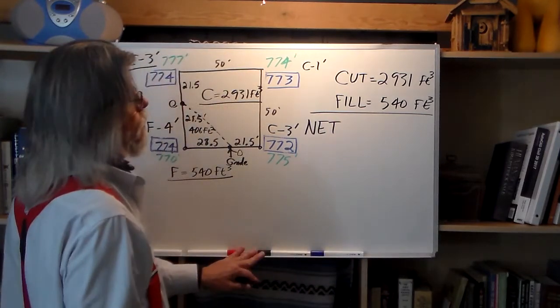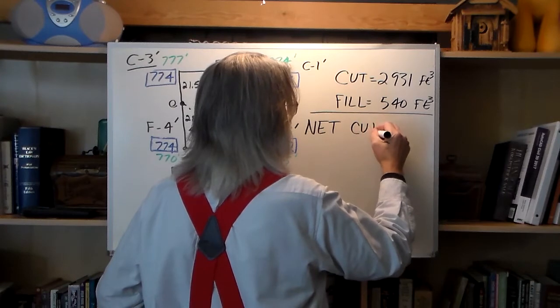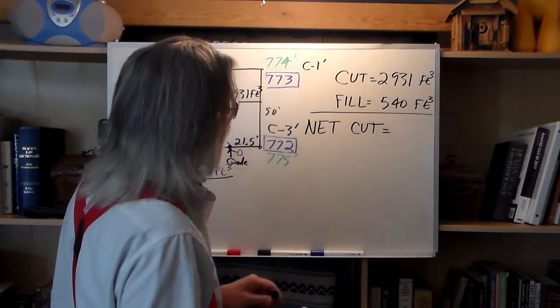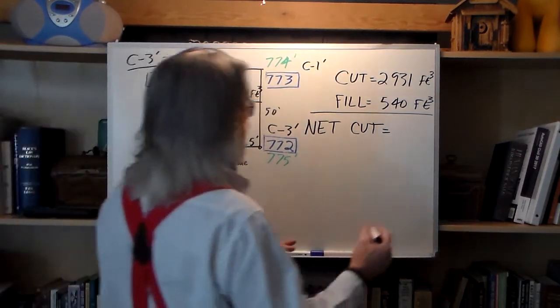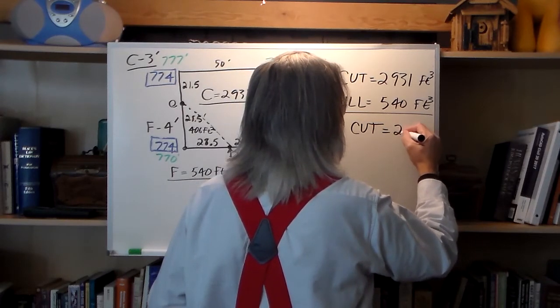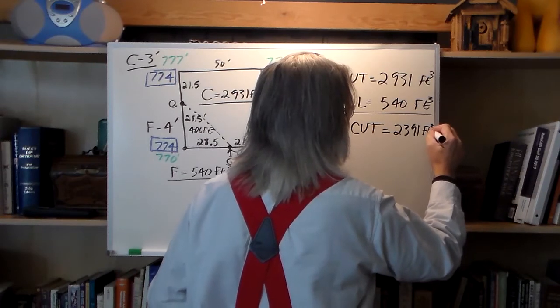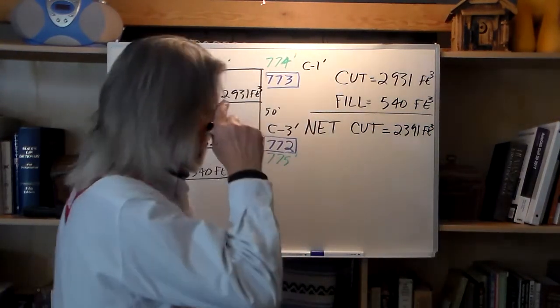Our net volume of dirt is a cut of 2931 minus 540, which gets you to 2391. If I did my math right, it's 2391. I hope I did, for all of our sakes.